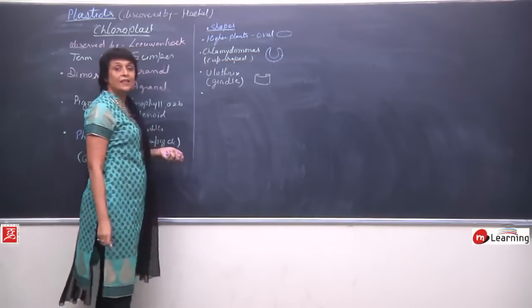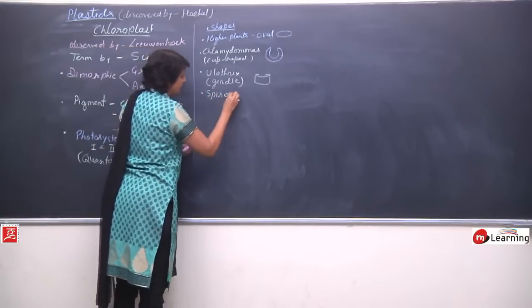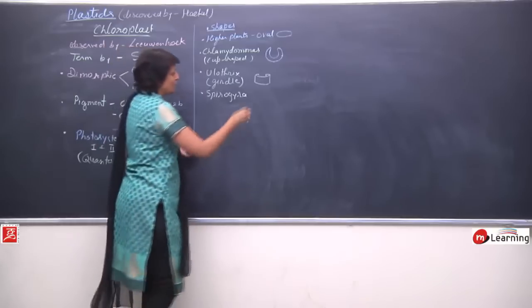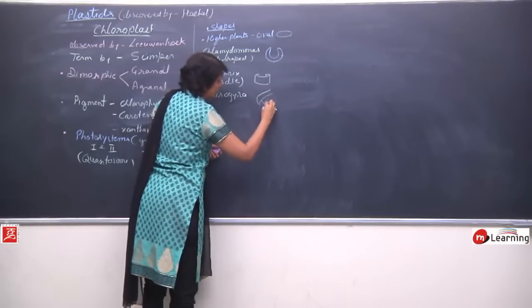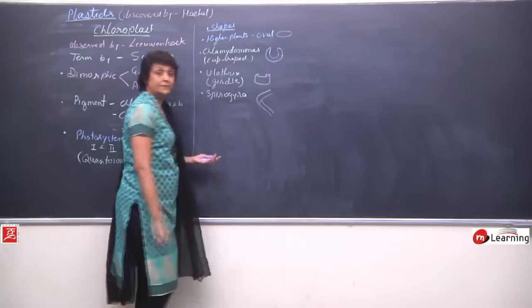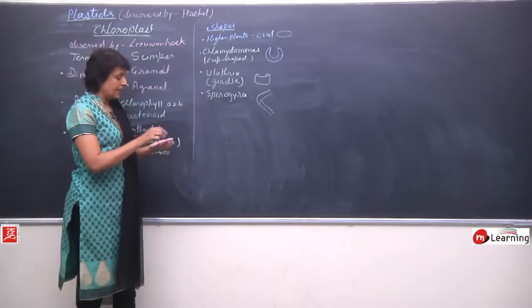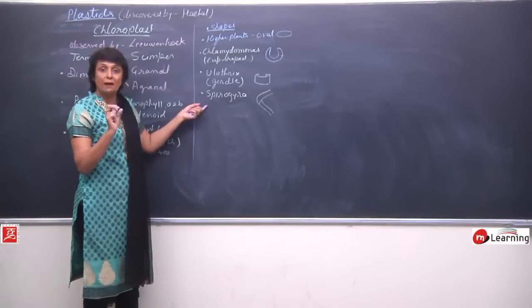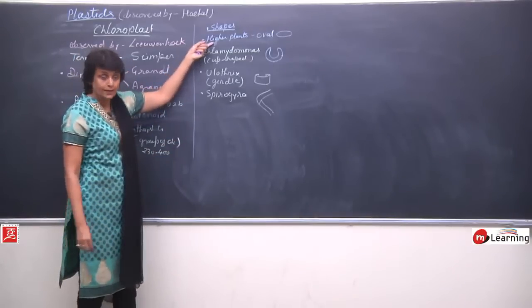The filamentous green alga, Spirogyra, it is ribbon-like. So the chloroplast is in the form of a ribbon which is sort of folded. In these lower organisms, these are algae, chloroplast also contain some storage particles which are known as pyrenoids. They are not found in higher plants.